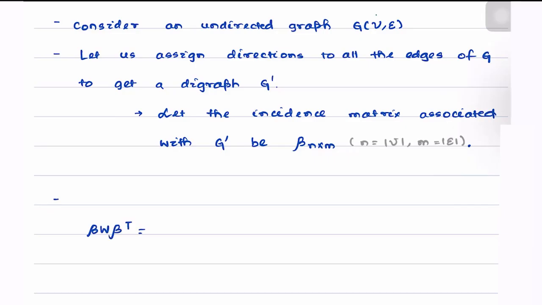B W B transpose is simply given as the product of B, with rows B11, B12 going up to B1m, and there are n edges, so Bn1, Bn2 going up to Bnm.